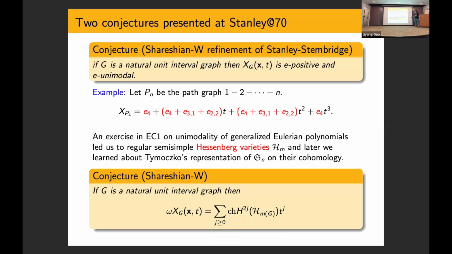when you apply omega, this is the Frobenius characteristic of the 2j-th cohomology of the Hessenberg variety, and this is a sequence of numbers that corresponds to the graph. Actually, I'm not giving details here, but the point is we found our representation on cohomology.